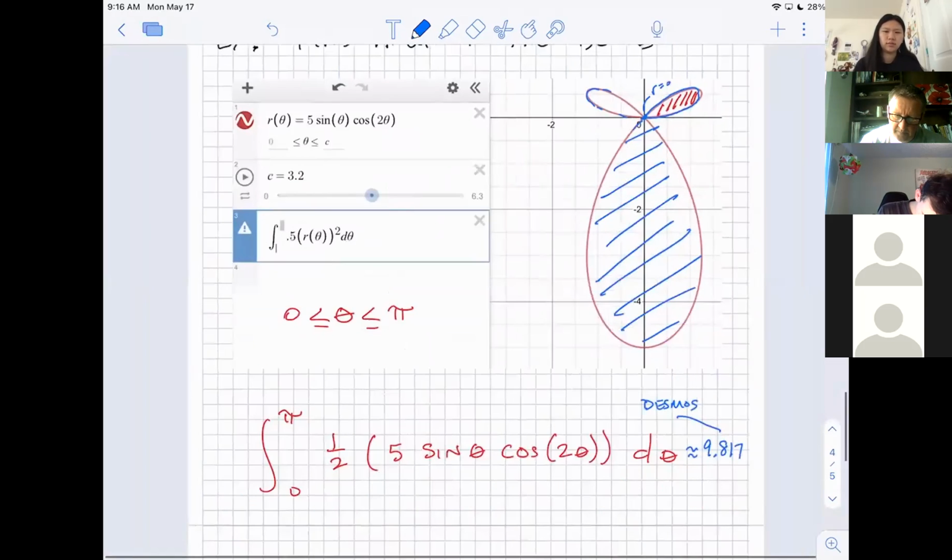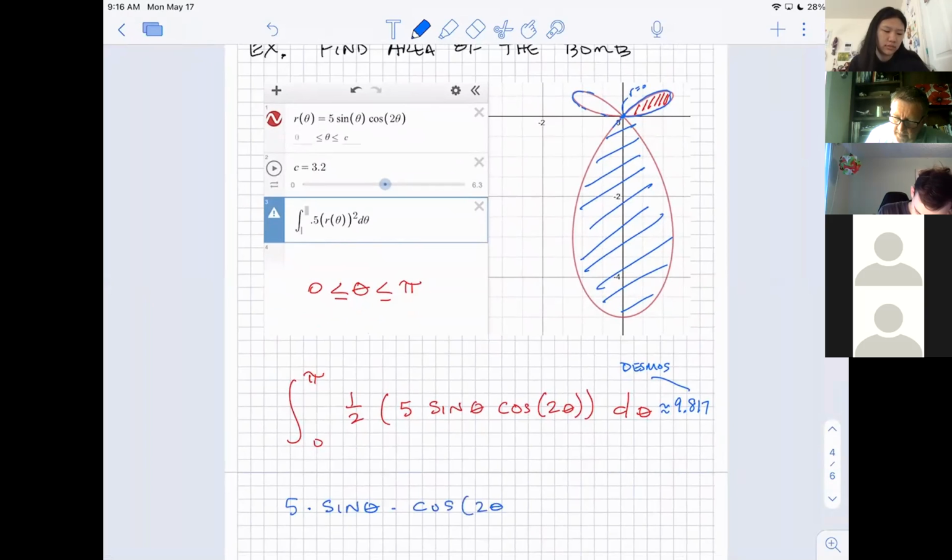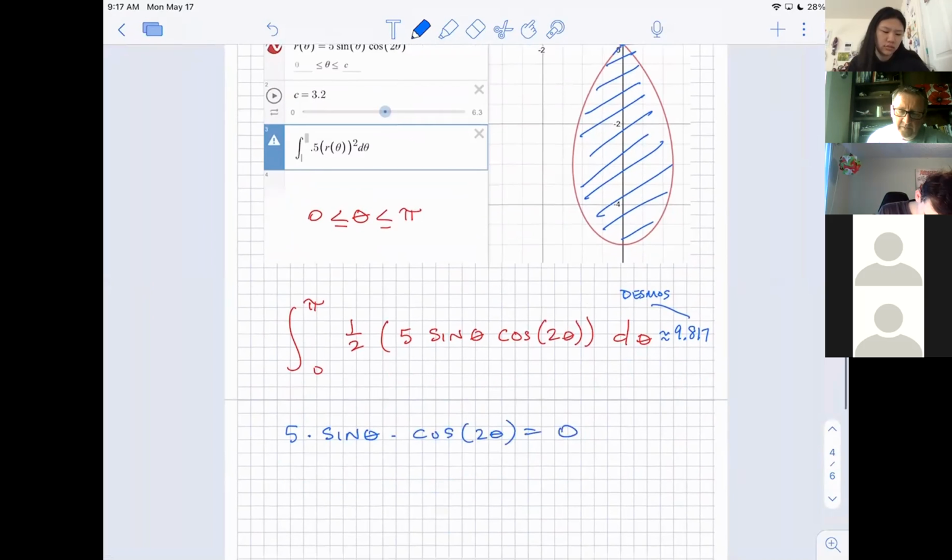So now suddenly I'm getting worried because, where are those intersections? Well, that would be where 5 times the sine of theta times the cosine of 2 theta is equal to 0, right? Fortunately, this isn't so bad. Sine of theta being 0 would do it. That happens at theta equals 0, sine of 0 is 0.